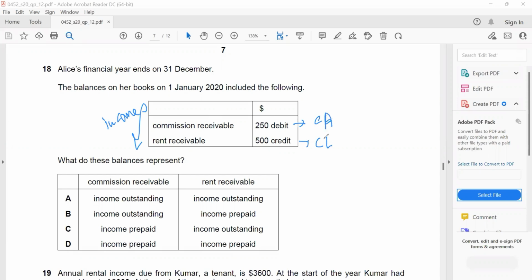So what do these balances represent? Commission receivable is an asset, which means it's income outstanding. And then this one is income prepaid. Income prepaid is a liability. So the answer should be B.